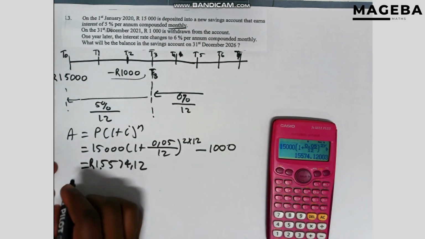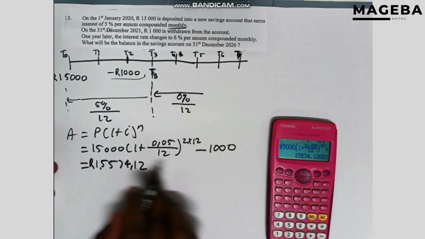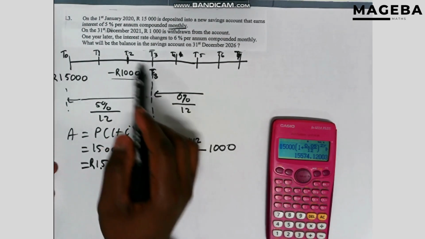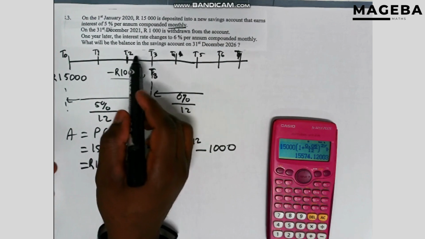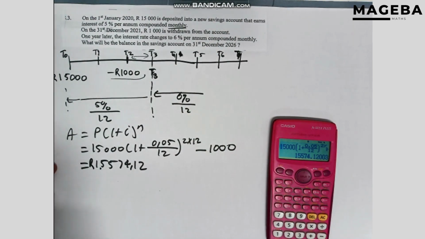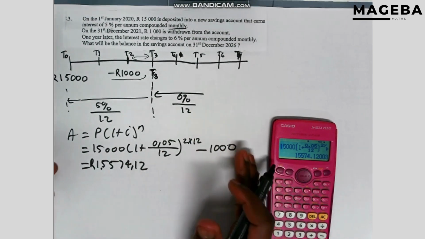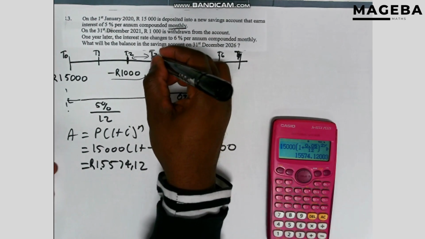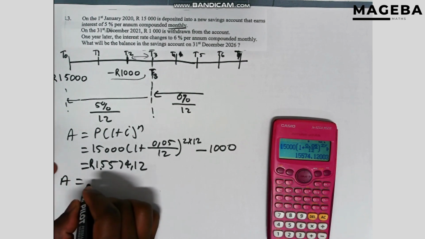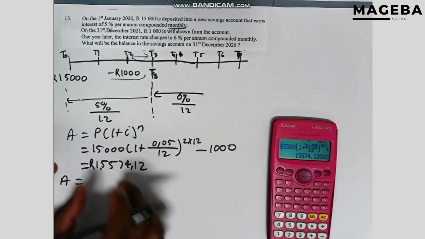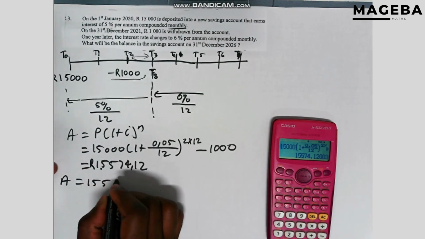Then a year later the interest rate changes, meaning there is a year in between T2 and T3 where this amount is going to accumulate before the interest rate changes. So we need to find the balance on T3 before the interest rate changes, using the same equation, but now this amount is going to act as our principal amount. So this is 15,574.12 times (1 plus 0.05 over 12) to the power of 1 times 12, a year in between, still the same interest rate.